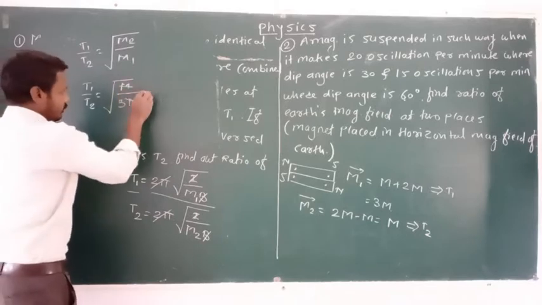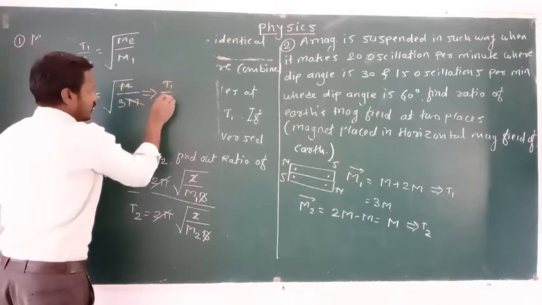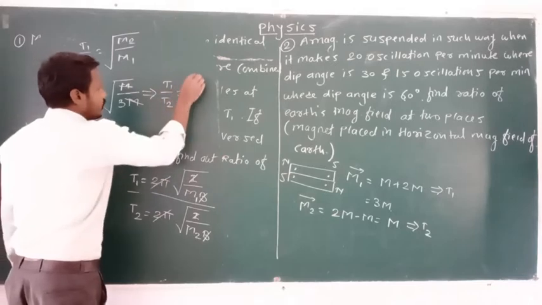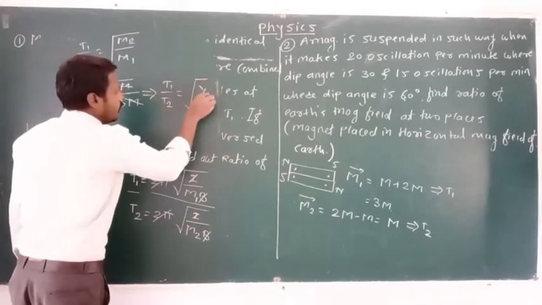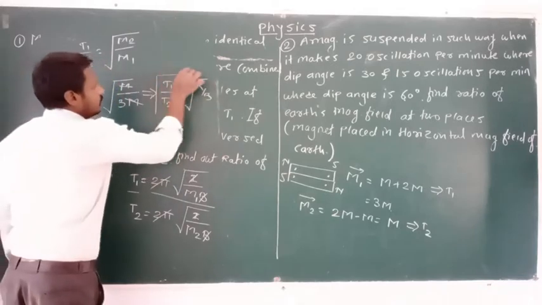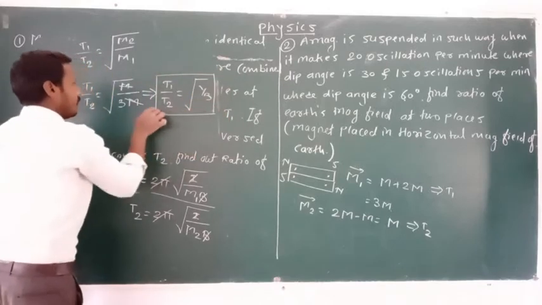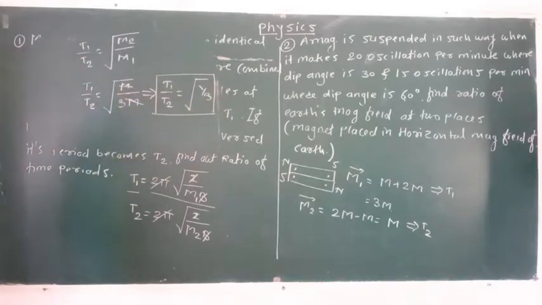It implies that t1 divided by t2 is equal to under root of 1 by 3. This is our answer.